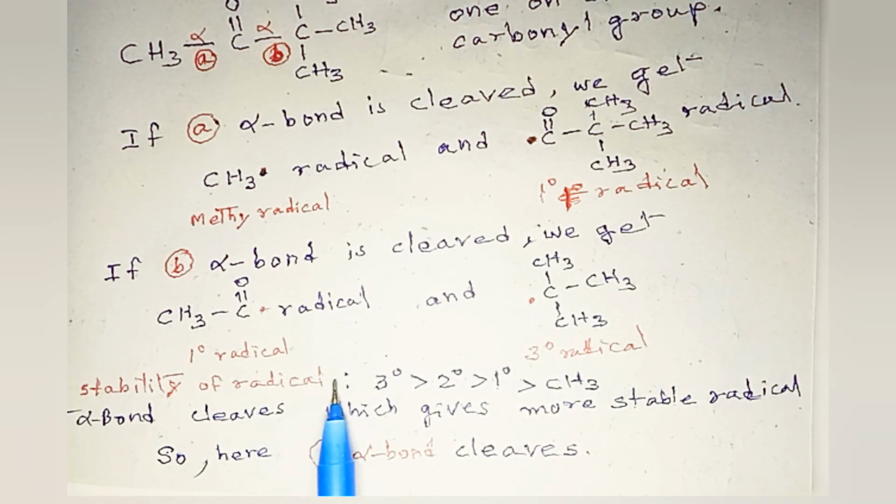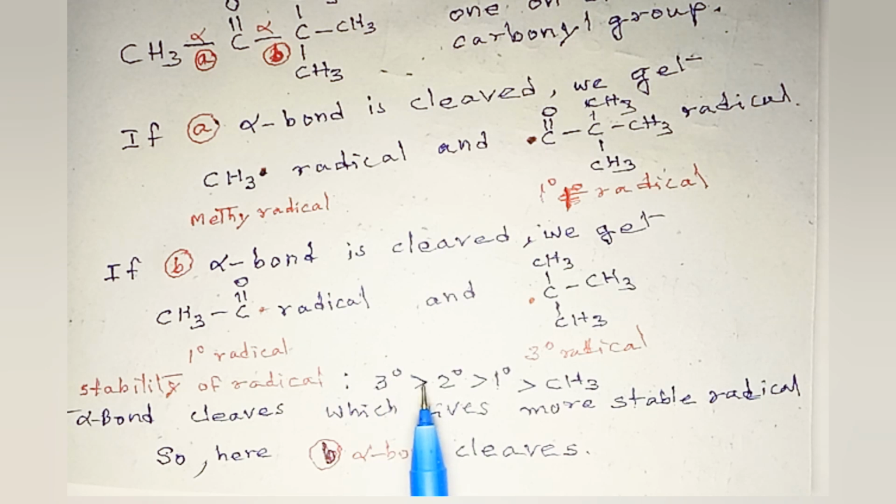Stability of the radicals, as you all know, tertiary is more stable than secondary, than primary, than methyl radical. So that alpha bond cleaves, which gives more stable radicals. So here B alpha bond cleaves.